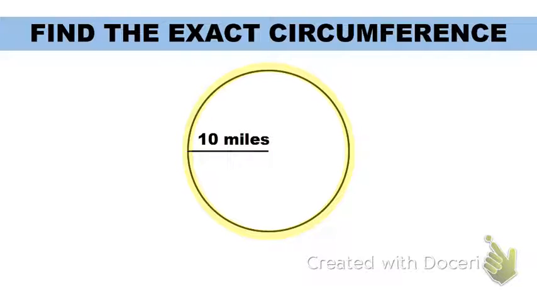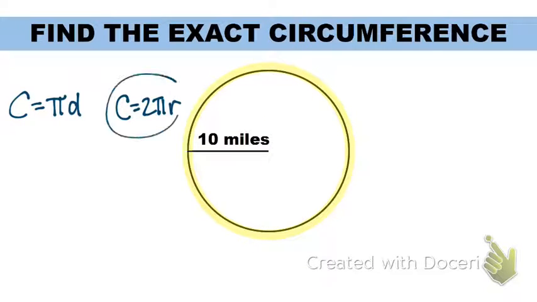In our next example, they're asking us for the exact circumference. And so if we're trying to find the circumference, there's two formulas. Circumference equals pi times diameter, or circumference equals 2 times pi times radius. On this problem, the 10 miles is the radius, so we'll be using that formula. So circumference is 2 times pi times 10.